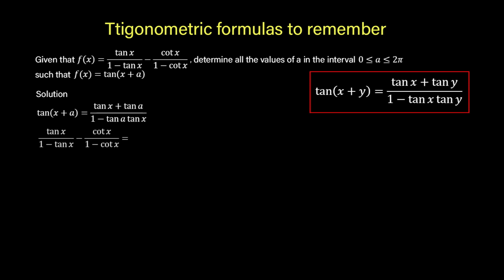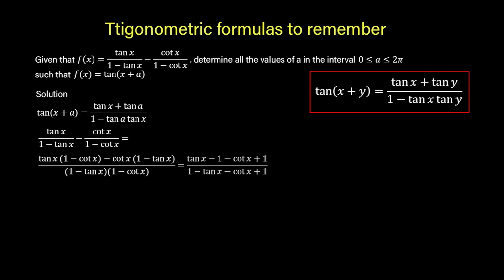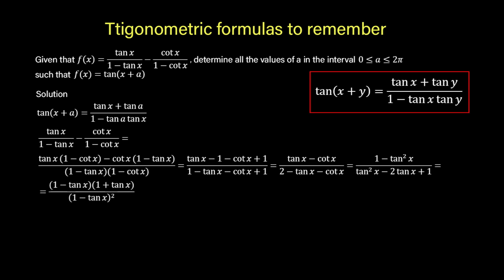Simplify the function f of x. As you see here, the tangent of a must be equal to 1. The possible values of a in the given interval are pi divided by 4, and 5 pi divided by 4.